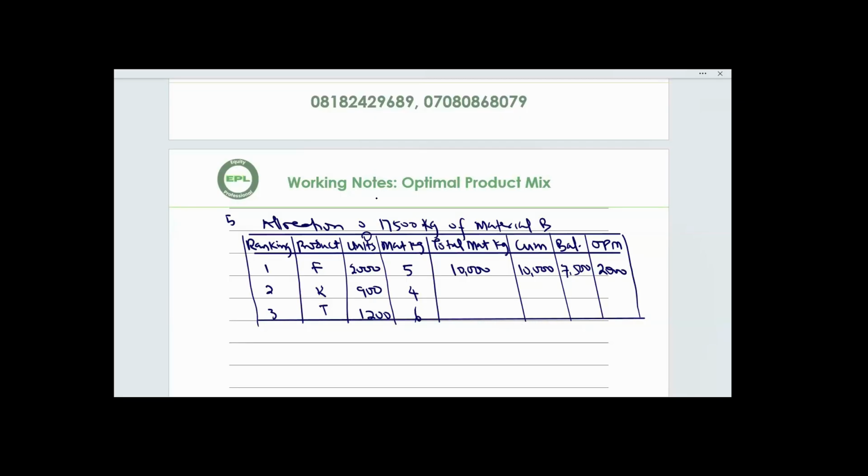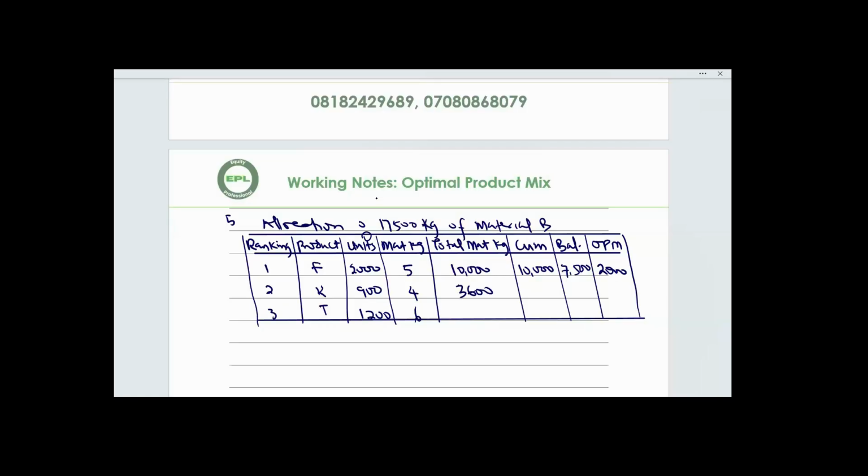So the next allocation, 900 multiplied by 4 will give us 3,600. We have a balance of 7,500. So 7,500 can accommodate 3,600.